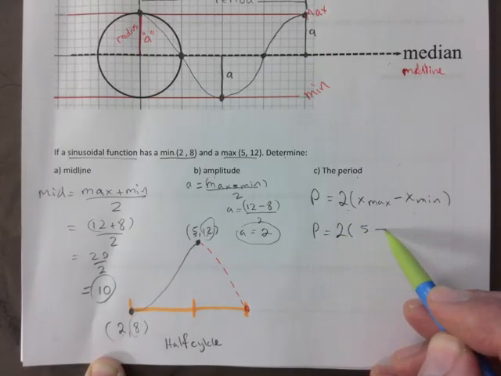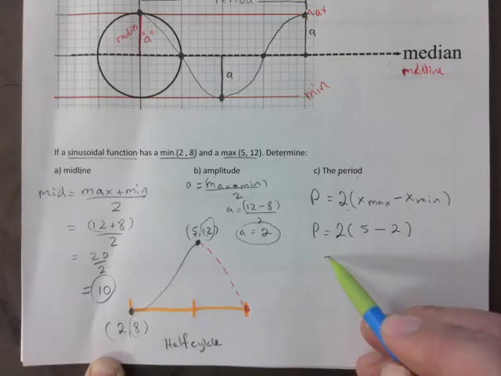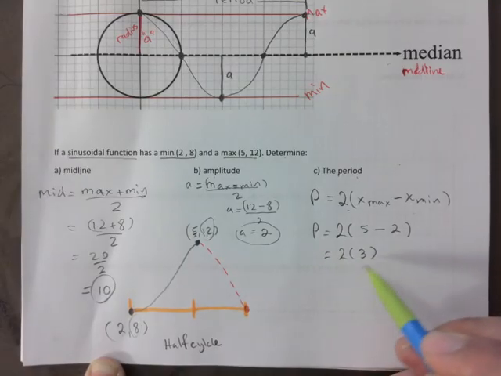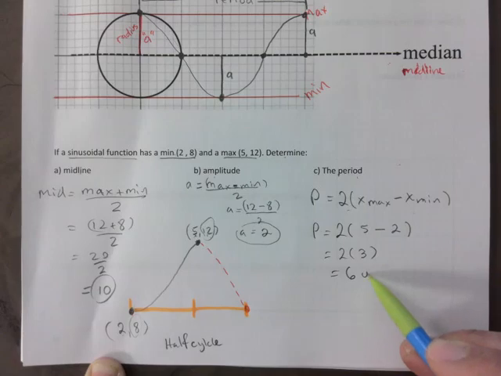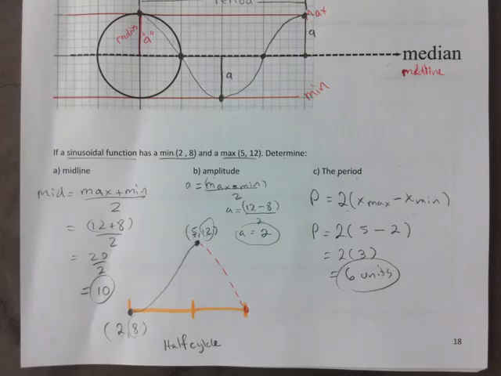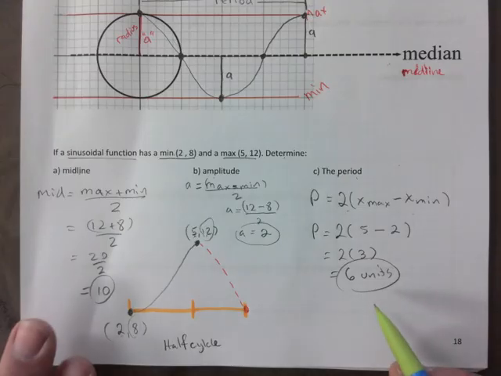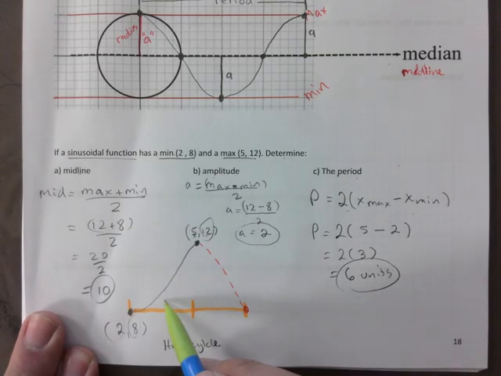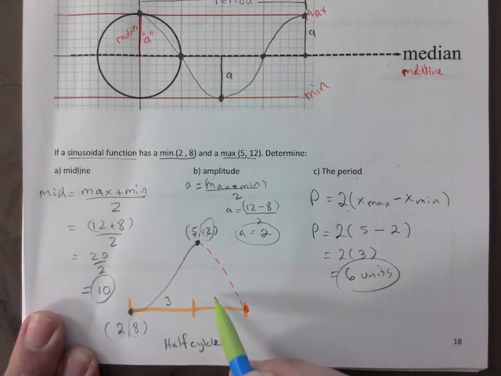X max is 5, x min is 2. That's 2 times 3. That is 6 units. Every 6 units, this thing is going to repeat itself. So this is 3, and this is 3, and combined we've got a 6.